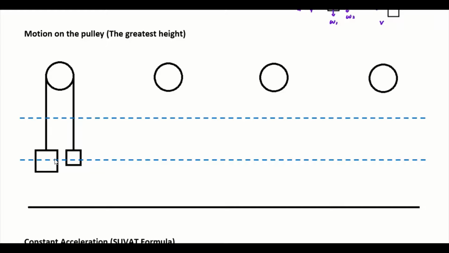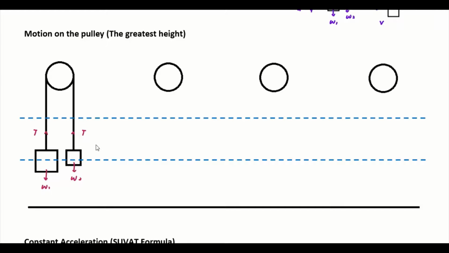Similarly, let's assume that by having a bigger block, the mass here is higher. So I have weight 1, then weight 2. These two particles are connected by this pulley system, and we assume this is a smooth pulley, so the tension over the string will be the same as well.